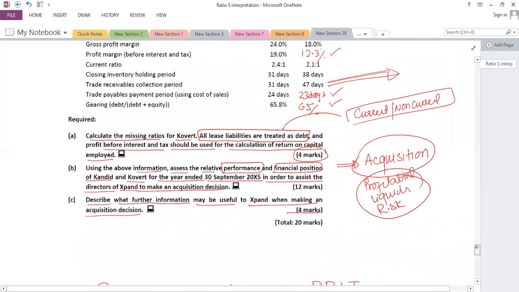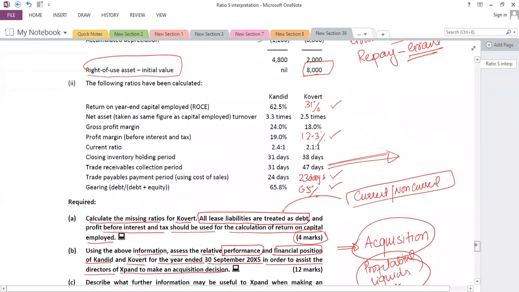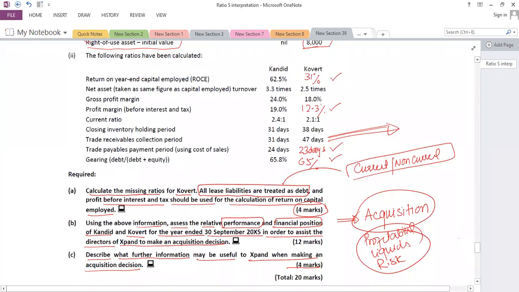Now, on the basis of this, we have to identify performance and position. So you can see now we have one category that is profitability, another category that is liquidity and working capital, and a third category, solvency. Let's discuss in terms of headings.